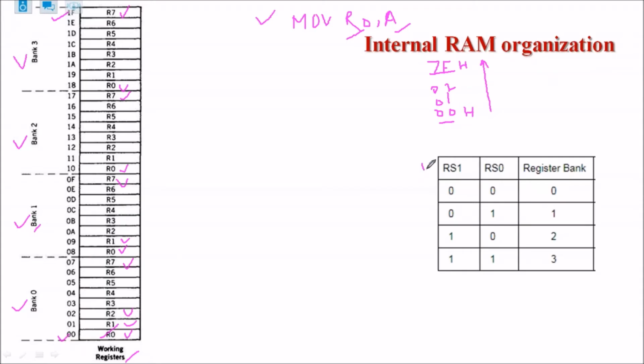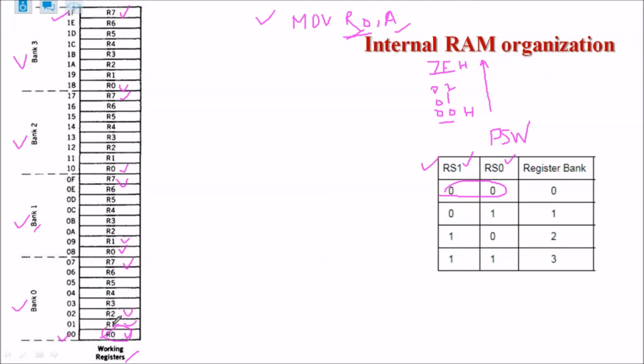It will go to the PSW register. Just now we have discussed the program status word register and these 2 bits of the PSW register. The microcontroller first goes to the PSW register and checks these 2 bits. If both are 0, that means the register the user has mentioned in the instruction is of bank 0.